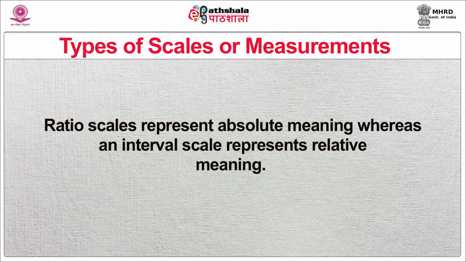Ratio scales represent absolute meaning, whereas an interval scale represents relative meaning. In this kind of scale, the difference between 1 and 2 is the same as the difference between 3 and 4. But also 4 is larger than 2 in an absolute sense.